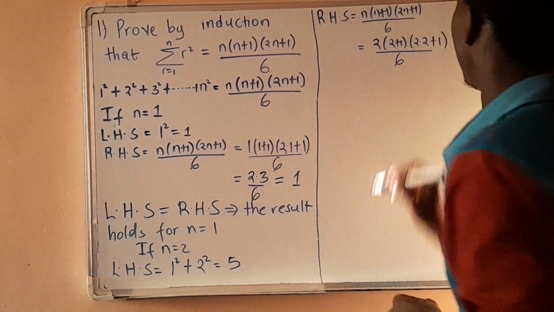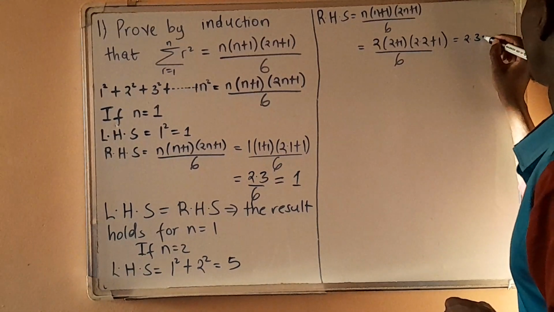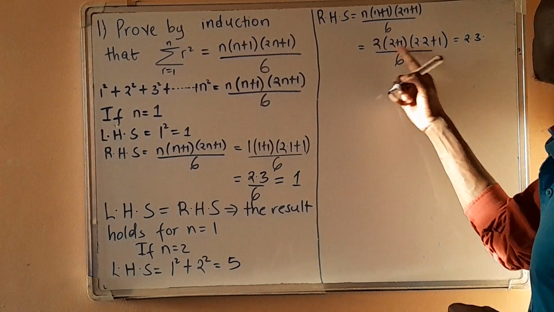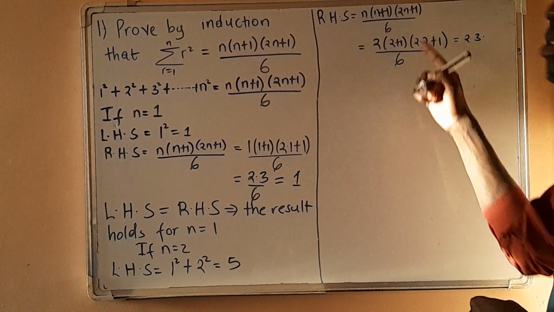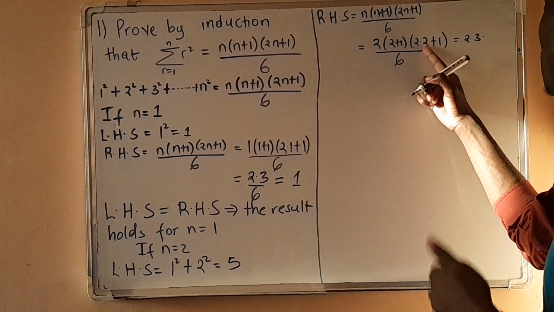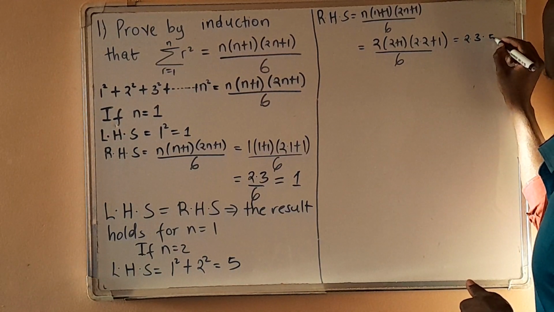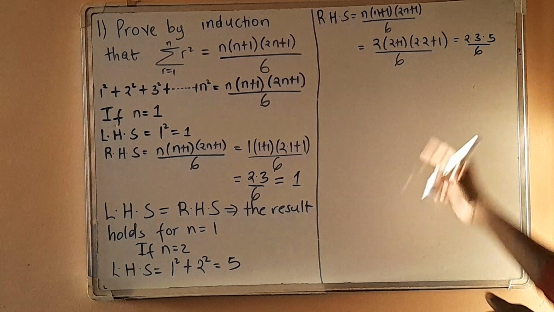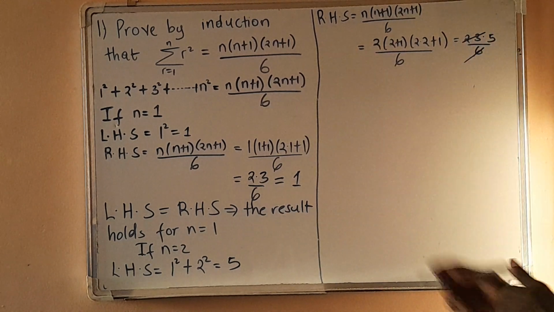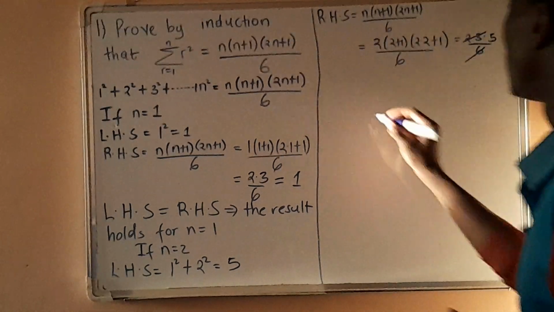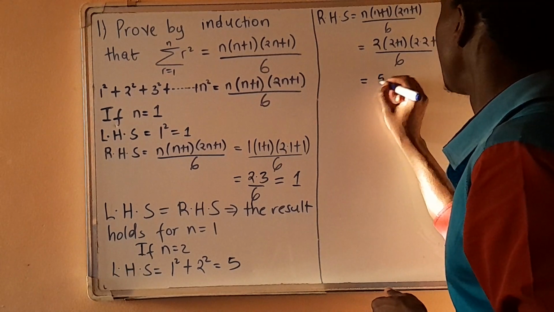This is 2 times 3 times, this dot means multiplication, 2 times 2, that is 4, plus 1, 5 over 6. So this 6 cancels out with 2 times 3. So we remain with our answer as 5.